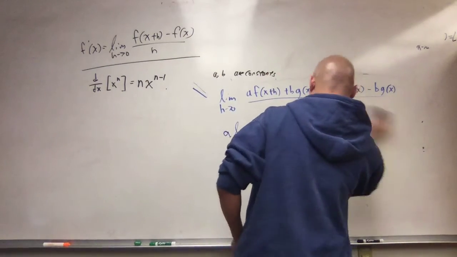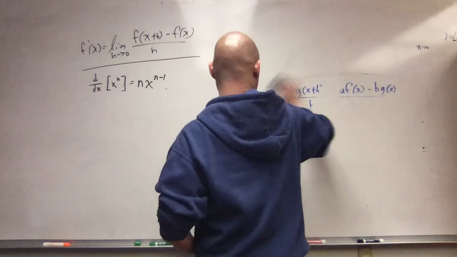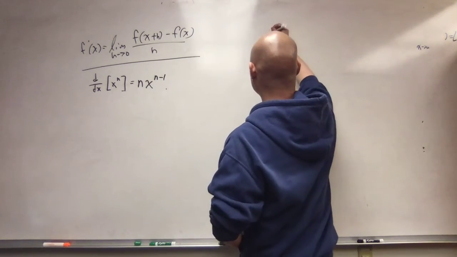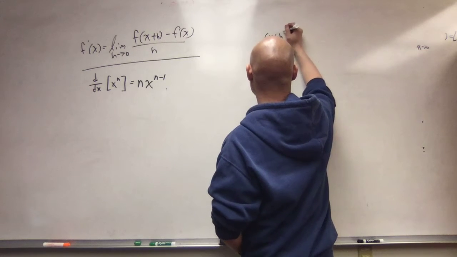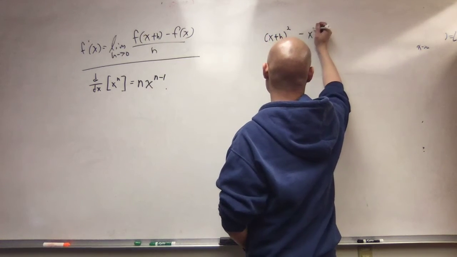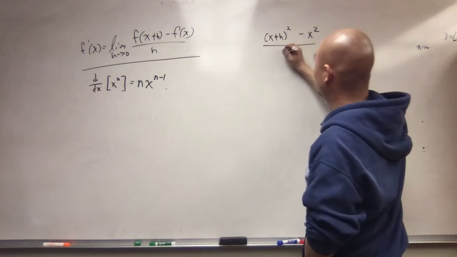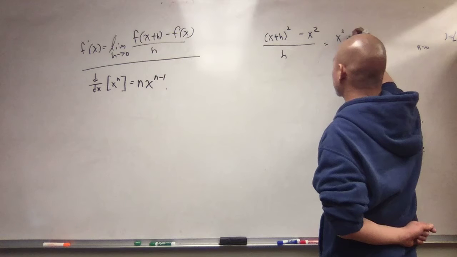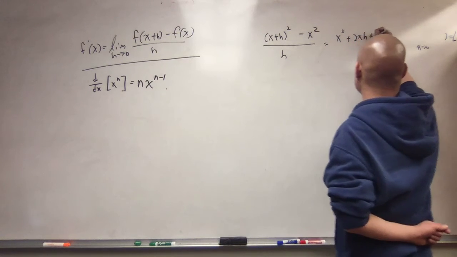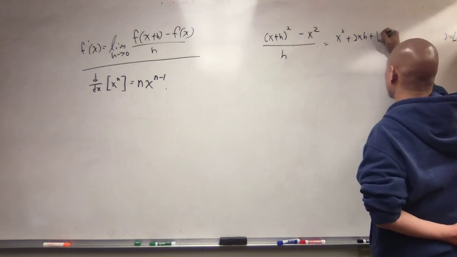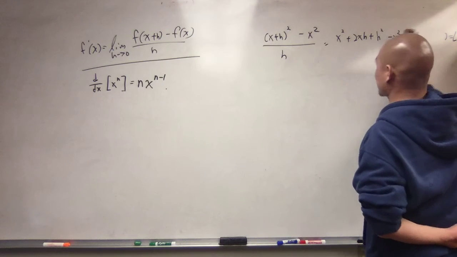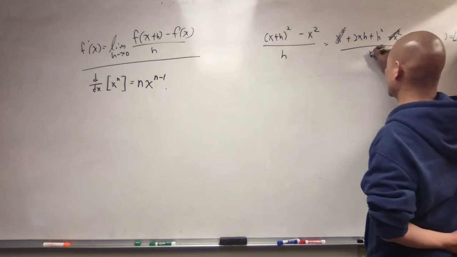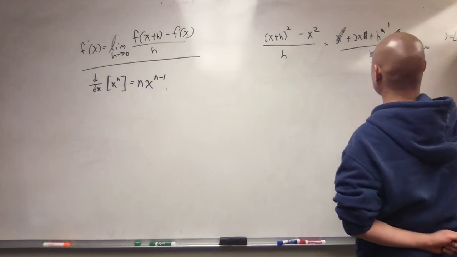And the reason for that is, well, when we're evaluating, say, terms like x plus h squared minus x squared, you'll notice that this is x squared plus 2xh plus h squared minus x squared over h. These two cancel, and then this cancels with this, and this comes down to a 1.